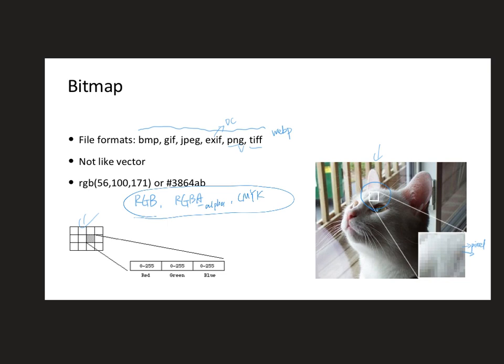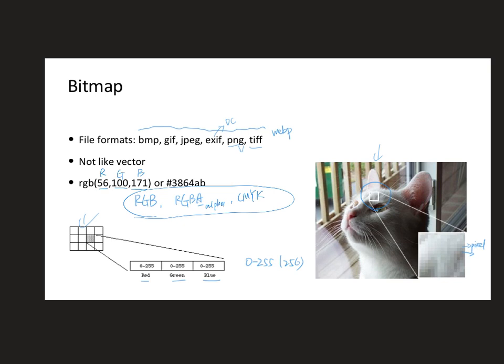But let's see this example with RGB. RGB means red, green, and blue. You have a number from 0 to 255. There are totally 256 possible value candidates for each section. So we may write the red value is 56, the green value is 100, and the blue value is 171.